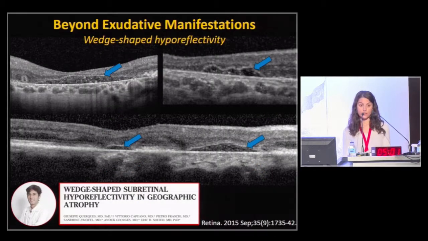And we have another wedge-shaped hyperreflectivity, described by Dr. Giuseppe Querques. And this one is located in the outer retina above areas of geographic atrophy. And sometimes we can have these hyperreflectivity areas within this area of changes, and we don't know if this corresponds to fluid. It's sometimes difficult to differentiate these shapes from type 1 lesions.